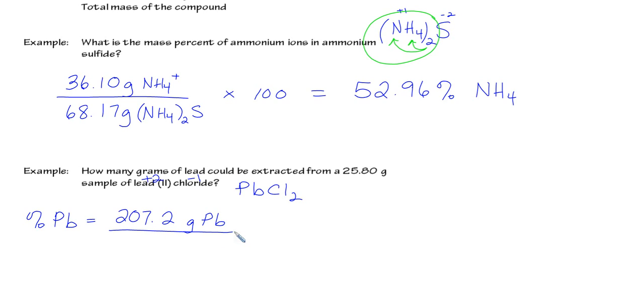So let's add the 2 chlorines. The compound is about 278.1. I'll leave it like that, unless you get something like this where they just happen to come out as 1 decimal spot. That's the lead chloride compound.